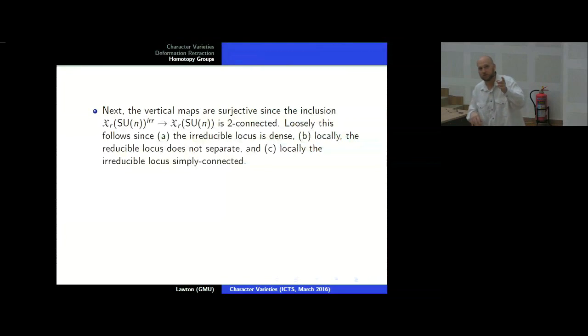The issue is on the singular locus. You take a point in the singular locus, then you want to remove the entire reducible locus in a neighborhood that you constructed around it, and you want to make sure it doesn't separate, and that if it was simply connected originally, it stays simply connected. Now, the neighborhoods around singularities are going to look like cones. There are nice models of them, both in the compact and complex case, which look like quotients of cohomology groups.